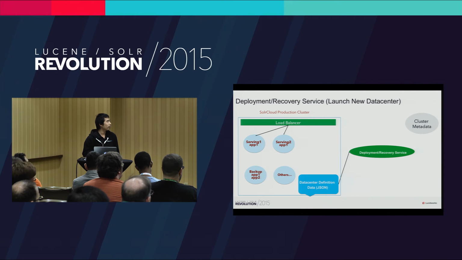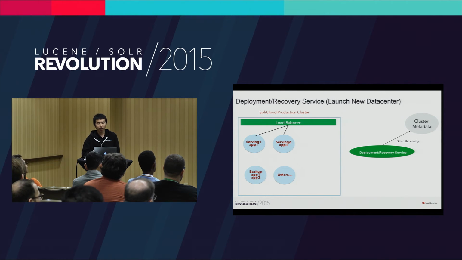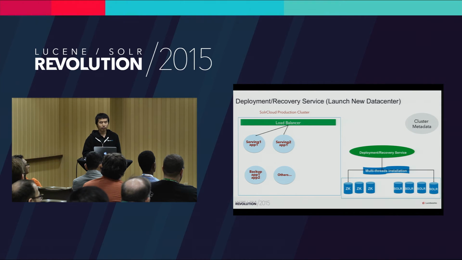You just need to provide the data center JSON, as I mentioned before. You specify, I want a serving data center 3 with how many machines and what application it should serve. The deployment service then will talk to the cluster metadata and store the config to the database. And then, because we use AWS, it automatically provisions all the Zookeeper hosts and Solr hosts, and installs Solr and Zookeeper on the hosts.